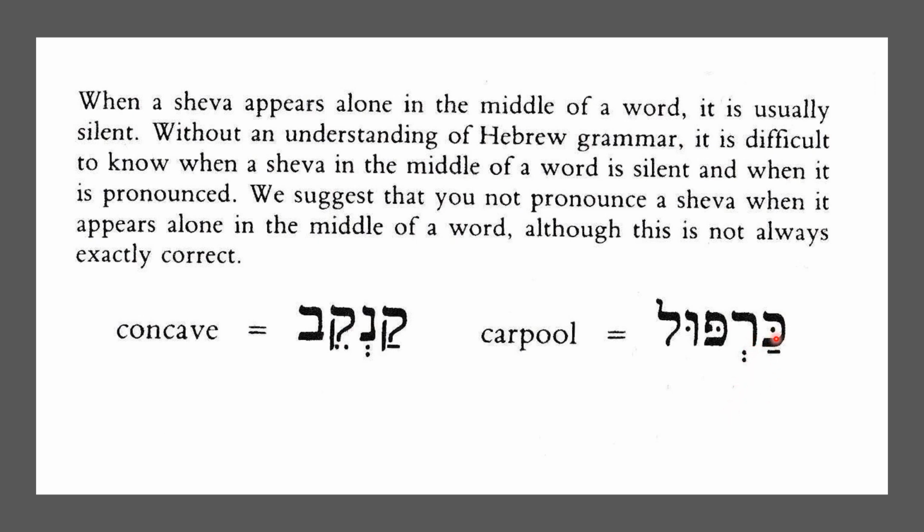So the example they give is car, pool, concave. So it's just silent. You just end one syllable and begin the next syllable. Okay?